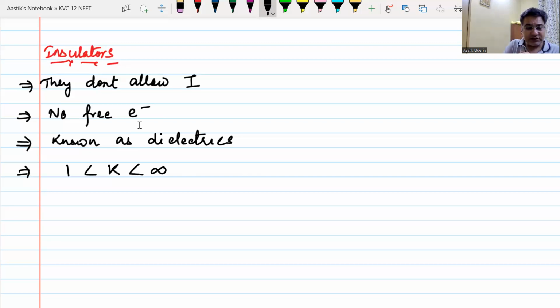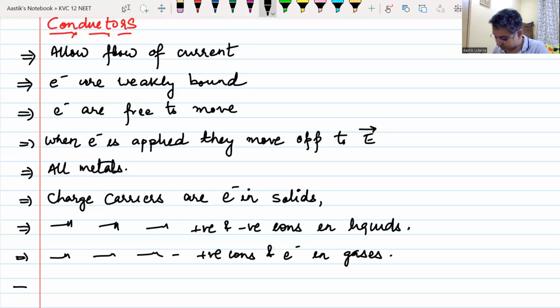What is the dielectric constant of a conductor? How much is the value of K for a conductor? Do we remember this? It is infinity.